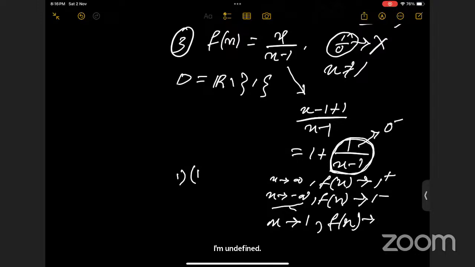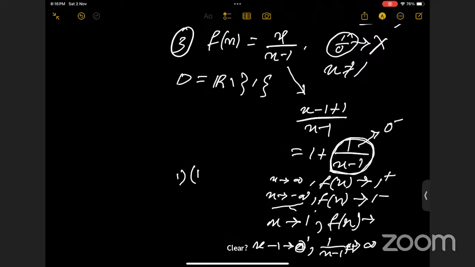We are taking x tending to 1. You just have to calculate a limit here. If x tends to 1, then x minus 1 will be tending to 0, and then 1 by x minus 1 will be tending to infinity. So if we add 1 with infinity, then it will be again tending to infinity. Clear?